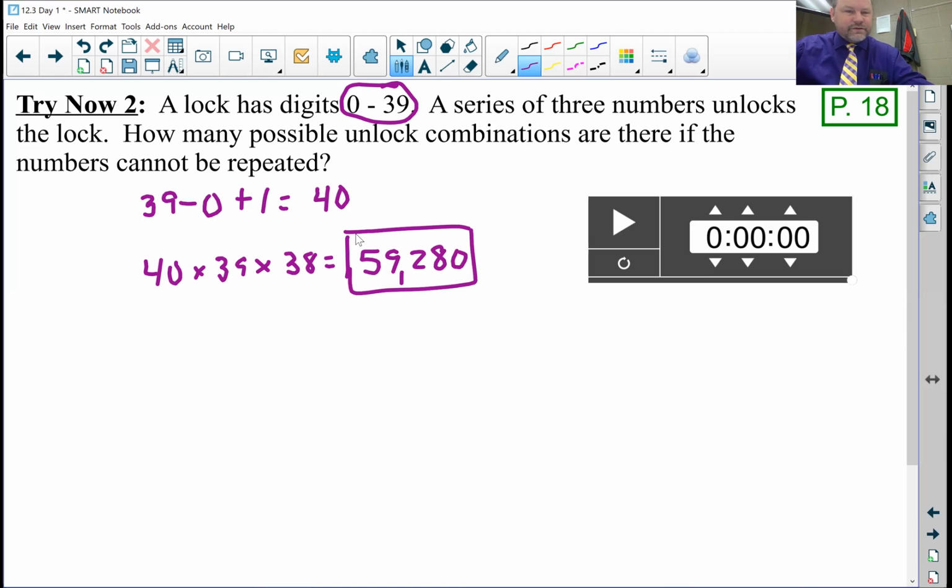So a lot of you, if you started with 39, 38, 37, that would have been 54,834. Some of you replied with that in the chat. It was just because you thought there were only 39 choices for the beginning instead of 40. All right.